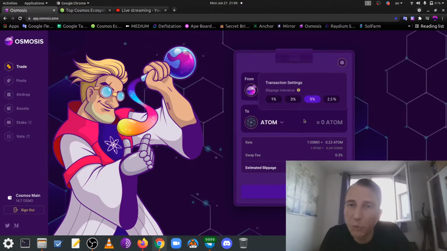If you put slippage tolerance 1%, it means the swap will be a success if you send 100 and get back from 990 to 1010. And if it is 3%, it means that you are ready to swap 100 tokens for 970. And 5% means you're ready to swap it for 950.